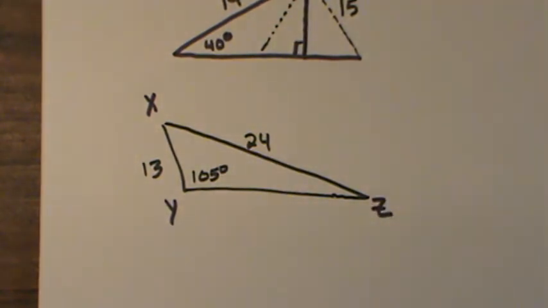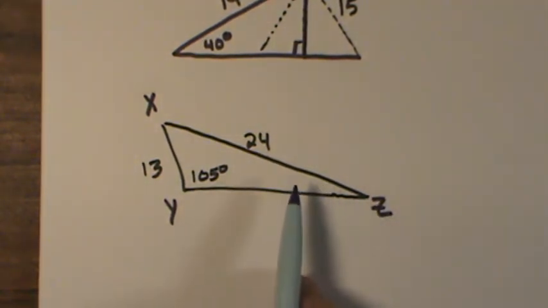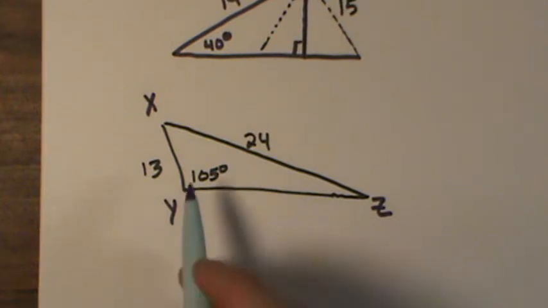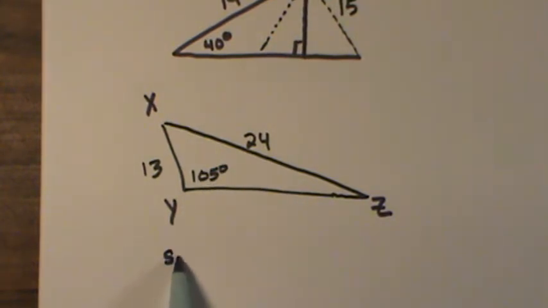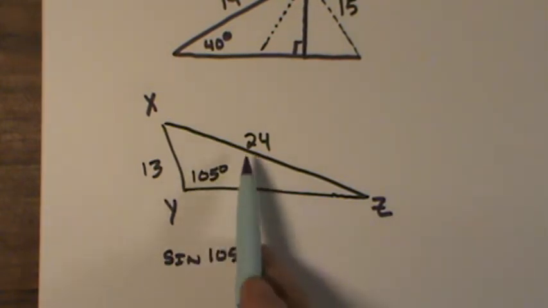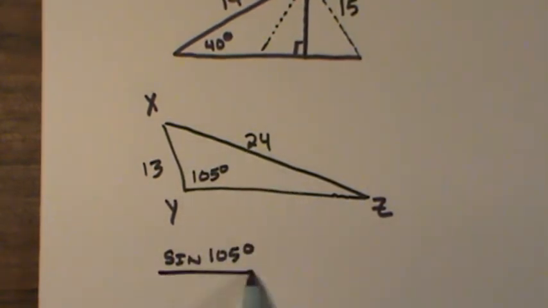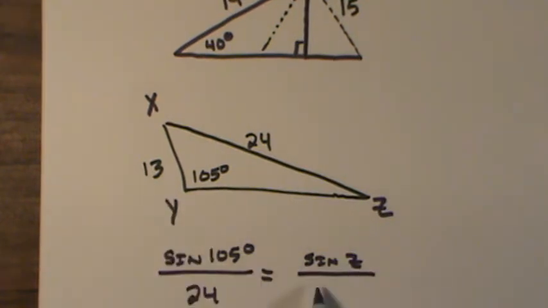I think in this situation, it would be in my interest to find this missing angle right here. So I'm going to start with my angles on the top. And so I'll say sine of 105 degrees. Now the 105 goes with this big side here of 24, which would equal sine of angle Z over side 13. See, Z went with the 13.